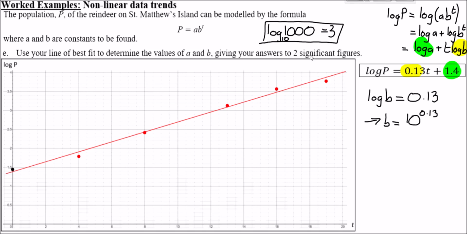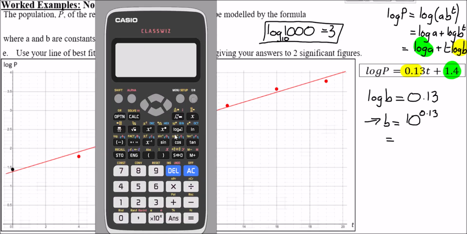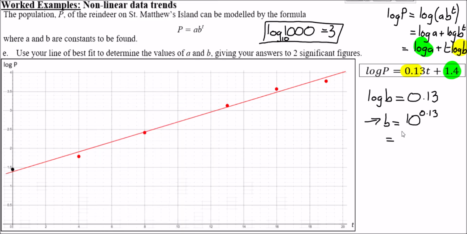So b is 10 to the power of 0.13. And bear in mind we're given this to 2 sig figs. So let's work this out on the calculator. So 10 to the power 0.13 gives us, to 2 sig figs, 1.3. And likewise, we can work out log a as well.